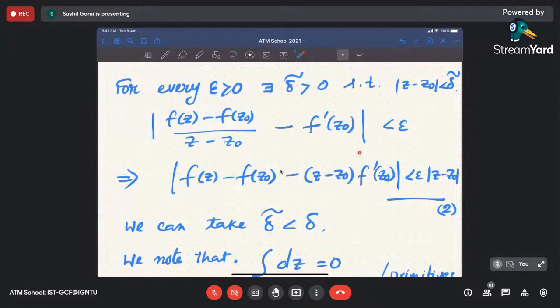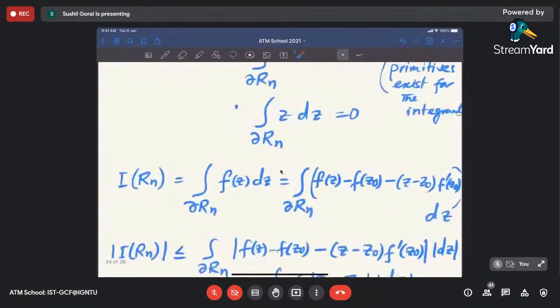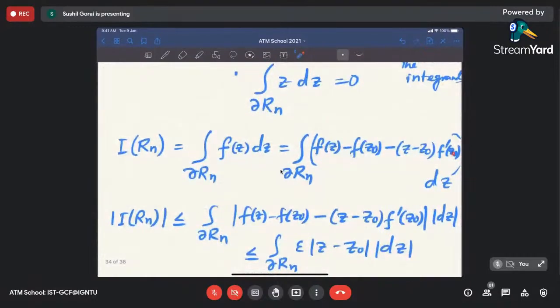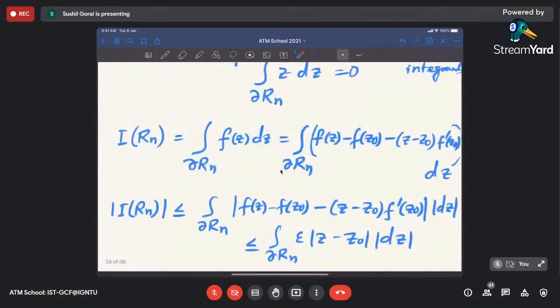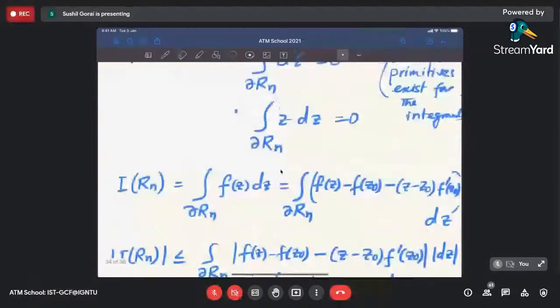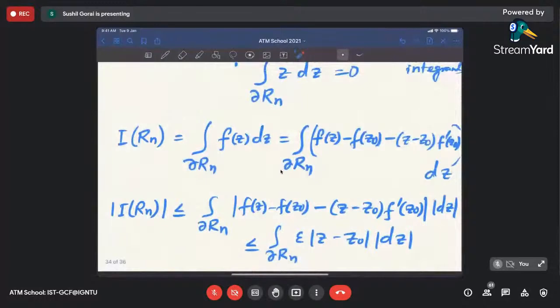And here, we never used this. So this was the observation Goursat made, and he concluded that the continuity of the derivative, which we assume in the definition of holomorphicity, is actually redundant.